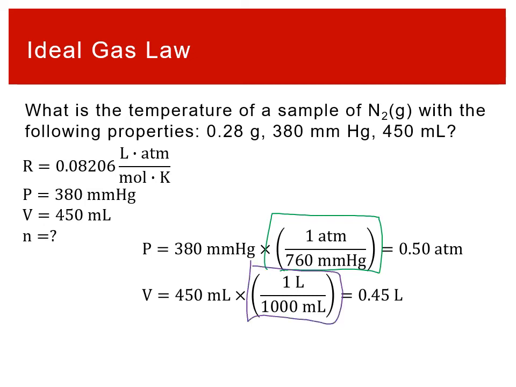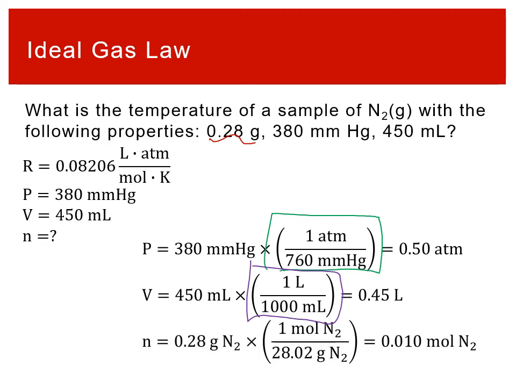We can just know from the prefixes that milli means you have 1,000 milliliters in 1 liter. And to get moles, we can see that we are given a mass. To go from the mass, which was 0.28 grams, into moles, we can determine the molar mass of our material. N2 in this case is 28.02 grams per mole.